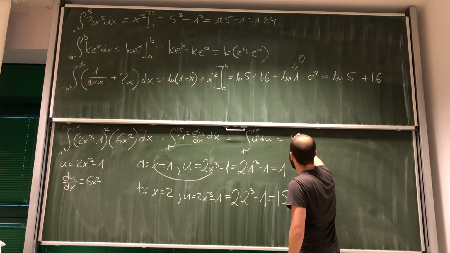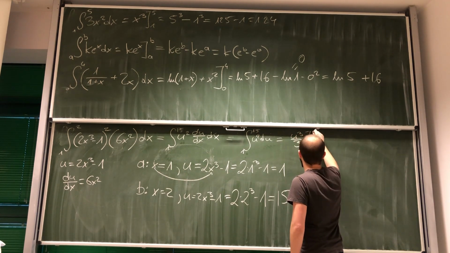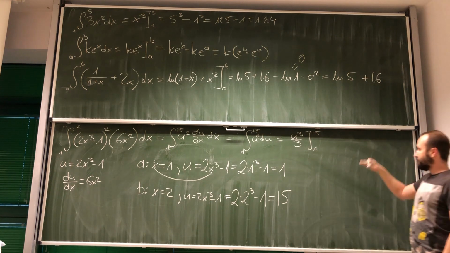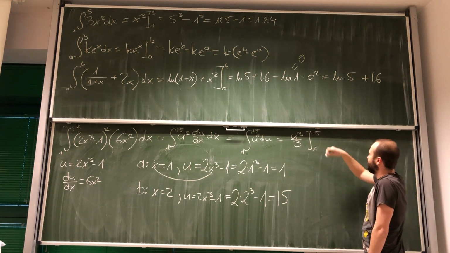Okay, so now we can move on to calculating it. We're getting that this is u cubed over 3. So the only thing left is the substitution of the new limits of integration.